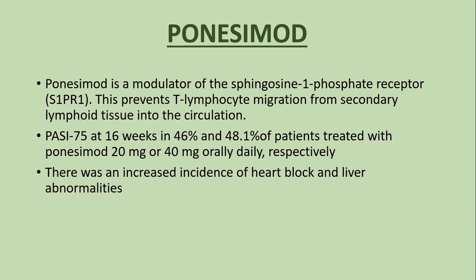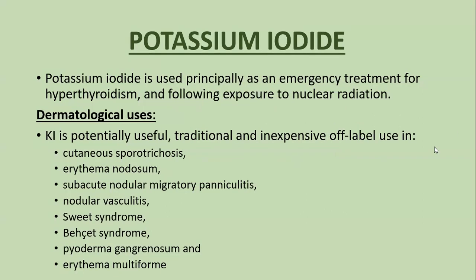PASI 75 at 16 weeks is achieved in 46% and 48.11% of patients treated with ponesimod 20 mg or 40 mg orally daily, respectively. There is an increased incidence of heart block and liver abnormalities with these drugs.